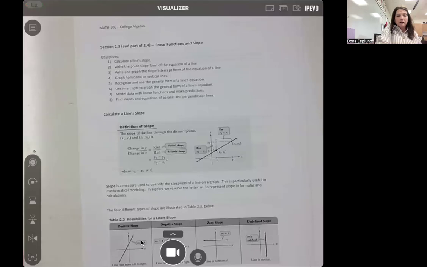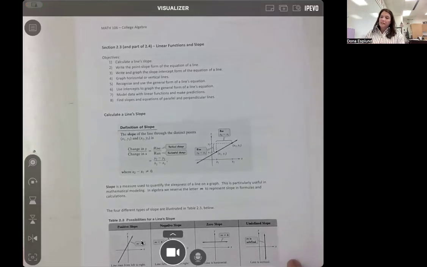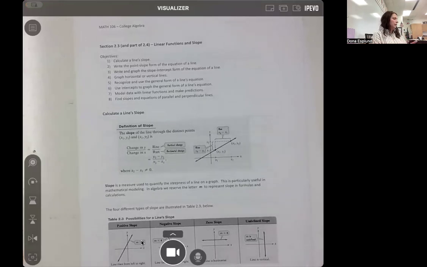So anyway, let's go ahead and get started. Today we're going to do 2.3, and our lesson is going to be about slopes. I'm really confident this is going to be a review for you guys. We're going to start with the definition of a slope. When we have a linear equation, it's talking about how quickly the line rises or how quickly it falls.